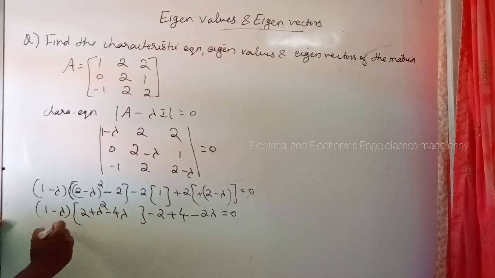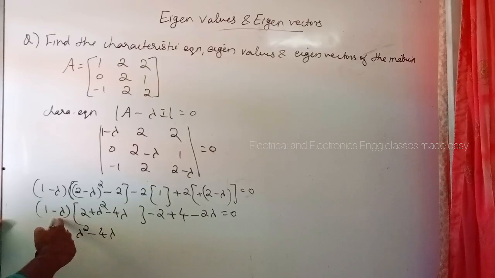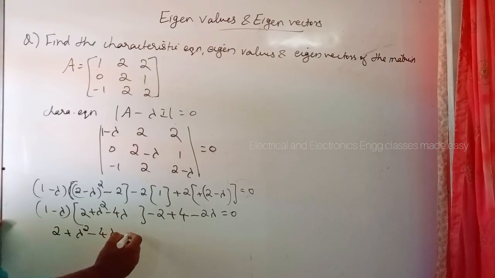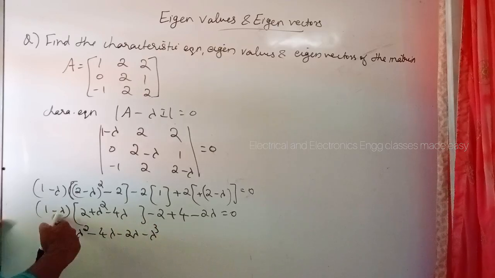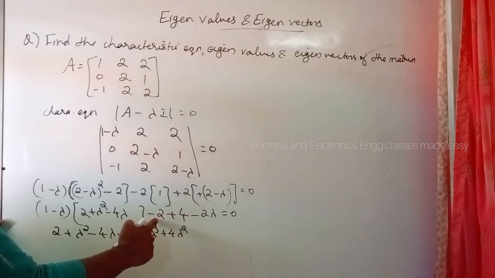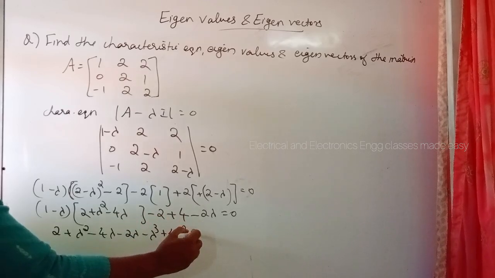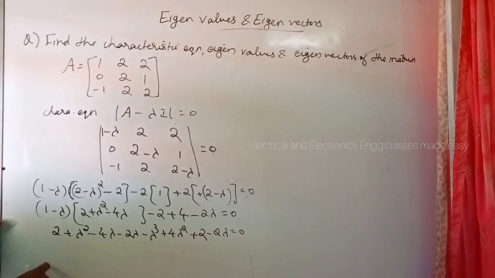So 1 into this one, that is 2 plus lambda square minus 4 lambda, then minus lambda into 2, minus 2 lambda minus lambda cube, then plus 4 lambda square, then here minus 2 plus 4, that is plus 2, minus 2 lambda equal to 0.